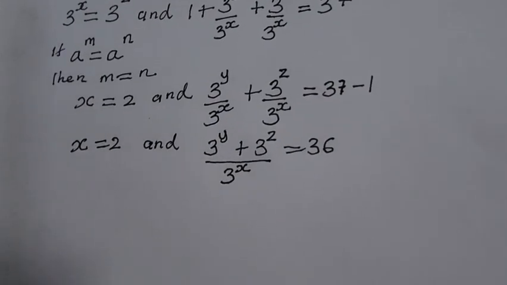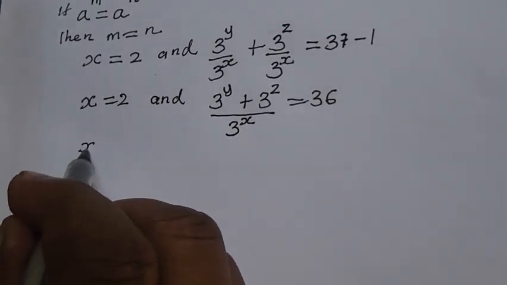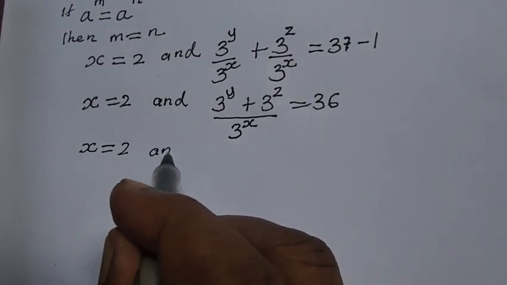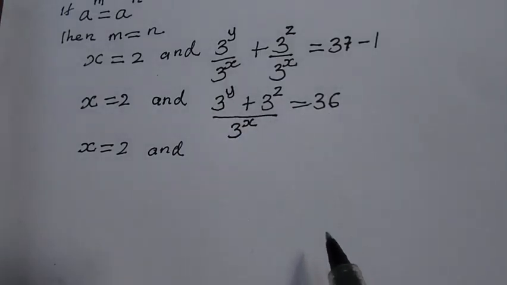Okay, let's proceed as follows. We have x equals to 2, and multiply the denominator both sides of the equation.